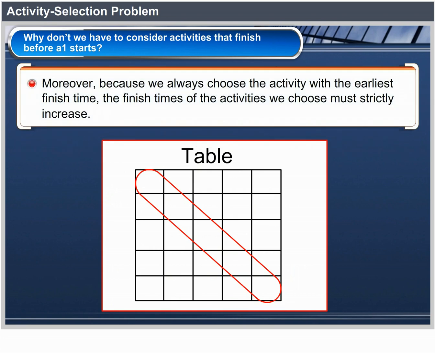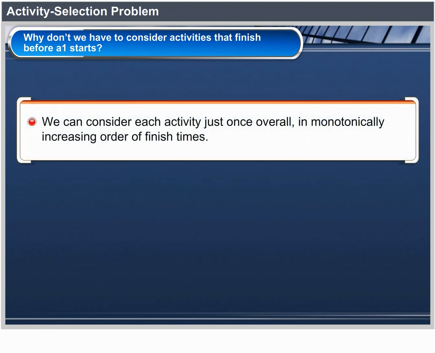Moreover, because we always choose the activity with the earliest finish time, the finish times of the activities we choose must strictly increase. We can consider each activity just once overall in monotonically increasing order of finish times.